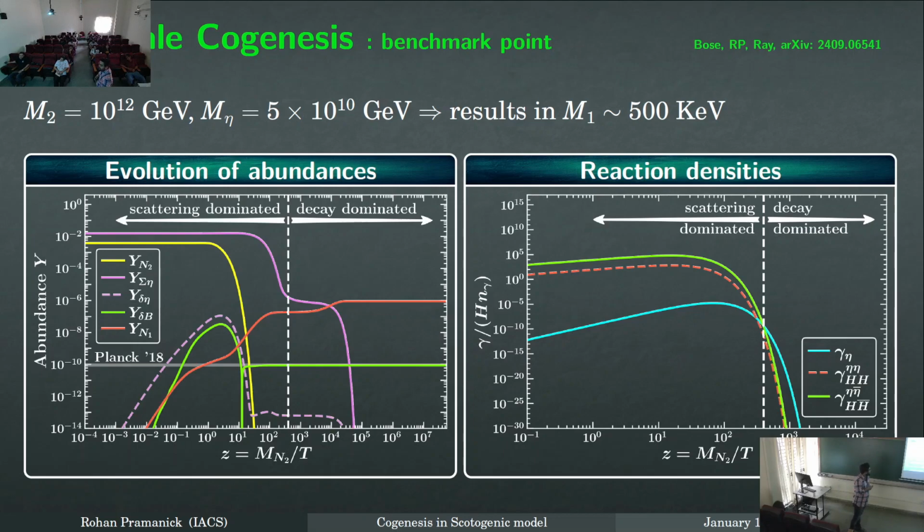So N2 is shown by this yellow line. This is the plot for the abundance and the time.